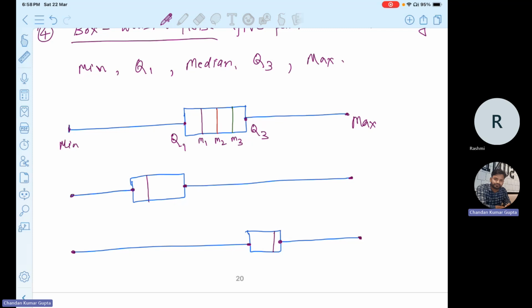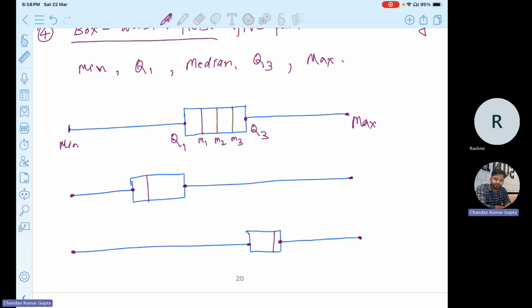In that case, the median value is quite near to the first quartile as compared to the third quartile. Again, if we consider m3 as the median and remove m1 and m2, then the median value is nearer to the third quartile and away from the first quartile. So this gives the distribution of the data, how the data is distributed.